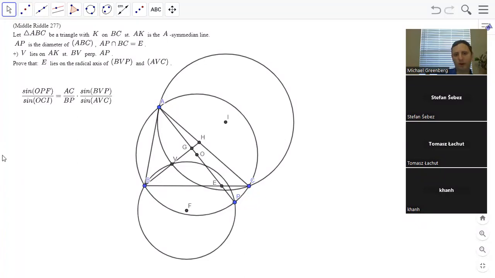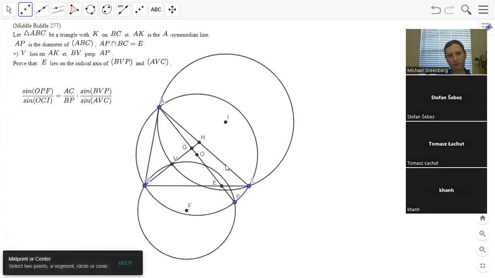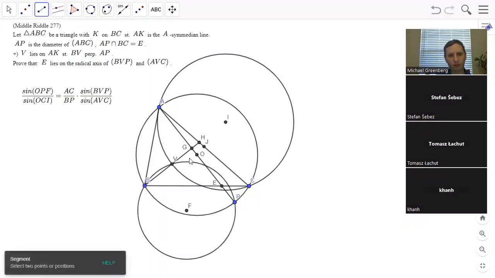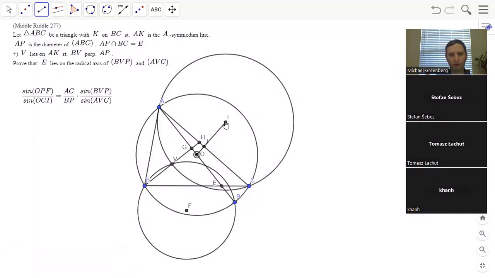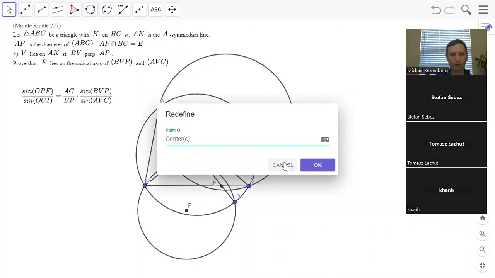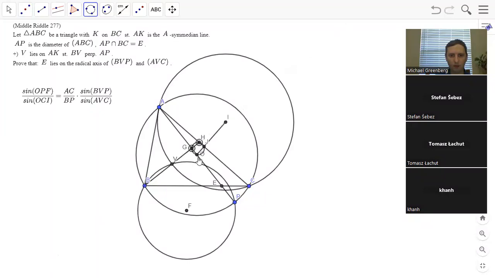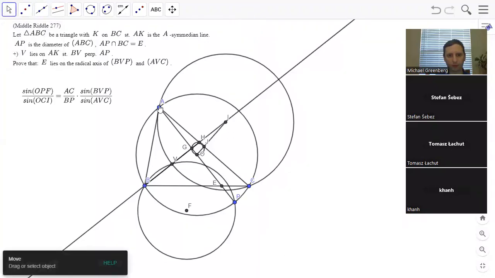So OI passes through the midpoint of AC. And is this cyclic? Yes. So I don't know if that helps, but this is cyclic right here. And actually, does this pass through I? It does, right? Actually, I'm not sure.